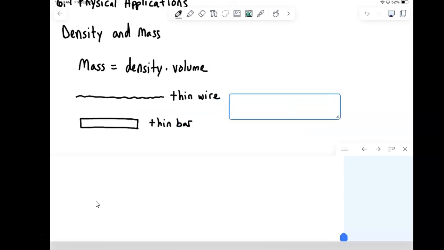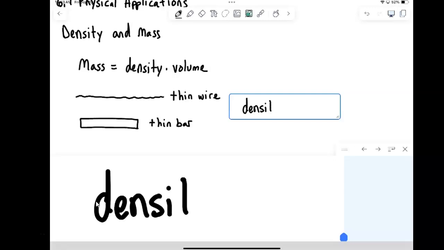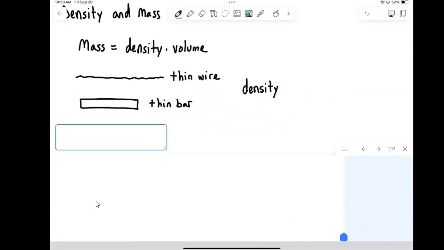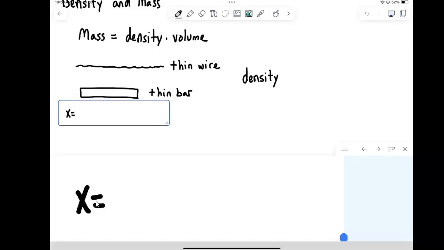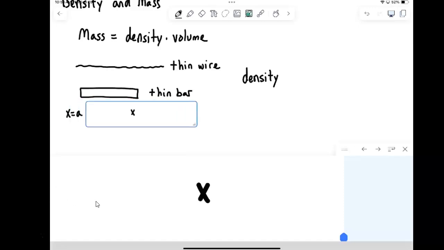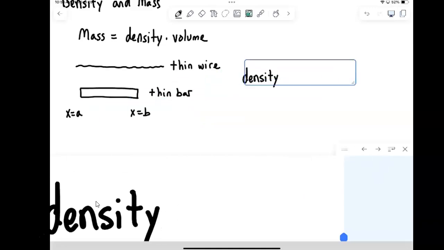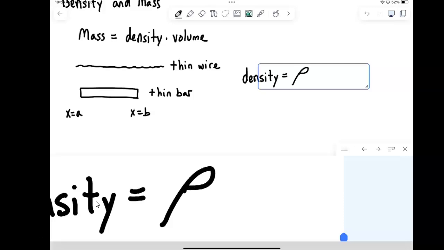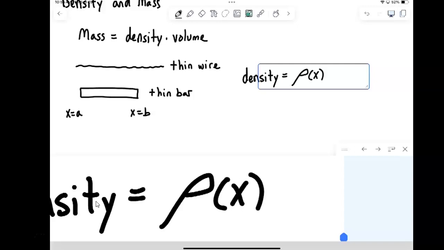And for these objects, we introduce the density function, which tells us how dense the wire or the bar is along its length, from a length x equals a to a length x equals b. And the density function we represent using the Greek letter rho. It looks an awful lot like an elongated p. So density is the function rho of x.